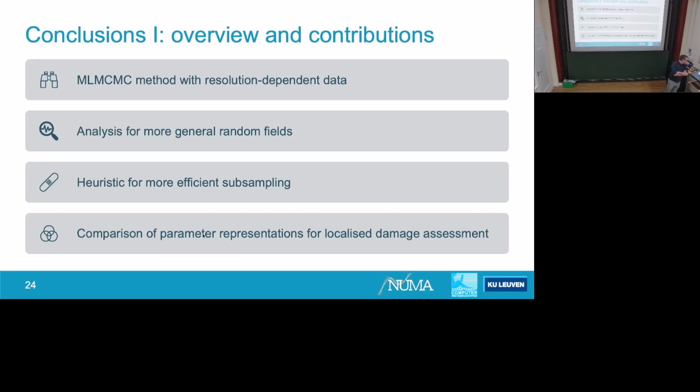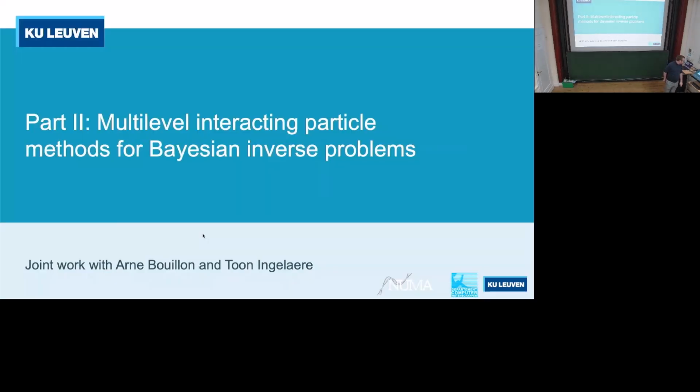And then a comparison of parameter representations for localized damage assessment. With this different parameter representation, with local average subdivision as being superior in this context. And now I want to talk about interacting particle methods for the same problem. Why? Because of the fact that this is already what Elisa hinted at with her question.